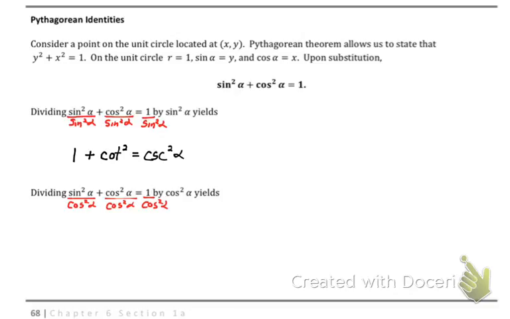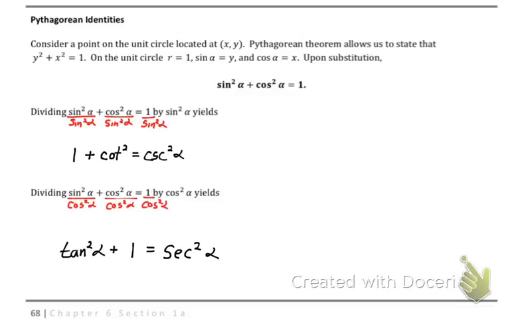Sine over cosine is tangent. Since they're both squared, I'm allowed to say that equals tangent squared alpha, plus cosine squared over cosine squared, which is just 1, equals 1 over cosine squared alpha. 1 over cosine is the same thing as secant, so we're going to have secant squared alpha.